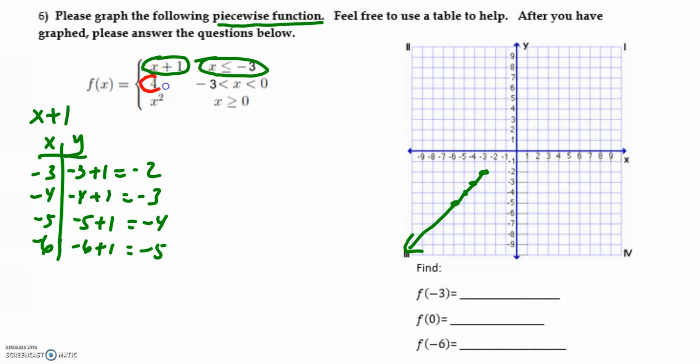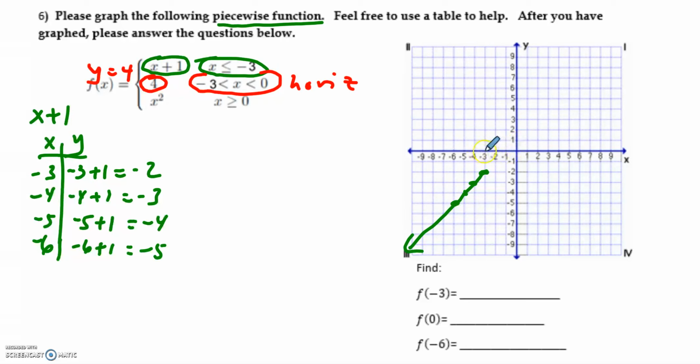Piece 2 is just the equation y equals 4, because f of x is really y. Y equals 4 is a horizontal line, and so if I think about the big picture, I'm going to have a horizontal line here at y equals 4, because it's going through the y-axis at 4. However, this horizontal line only exists between -3 and 0.